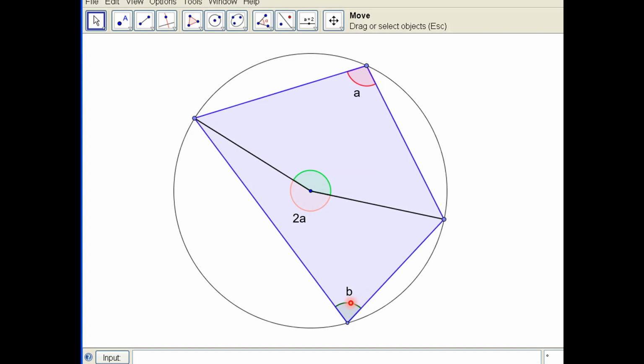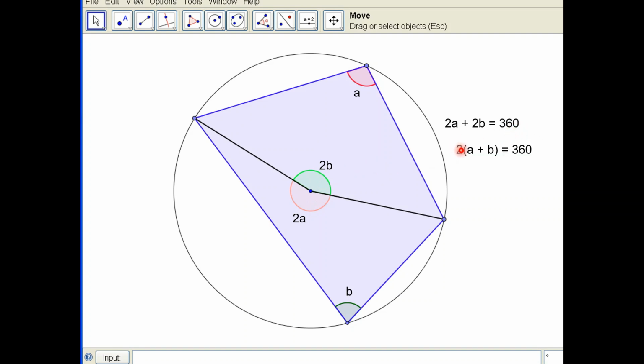B. So if this is B, this is also going to be 2B. Now this is a fixed point. Angles about a fixed point sum up to what? 360 degrees. So 2A plus 2B equals 360 degrees.